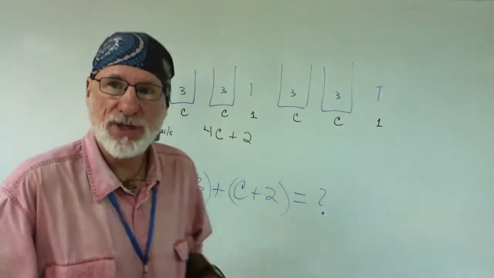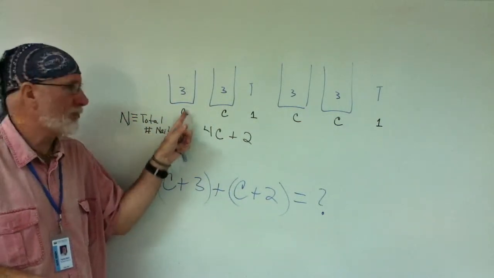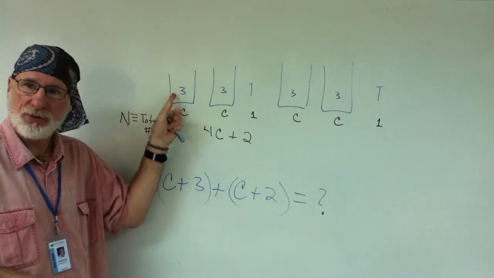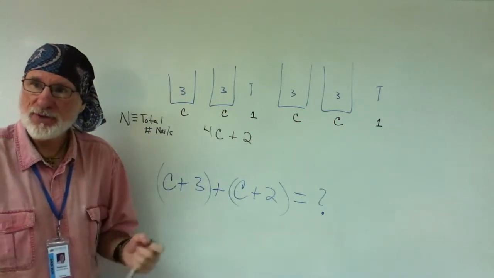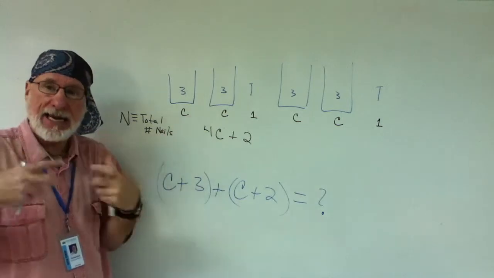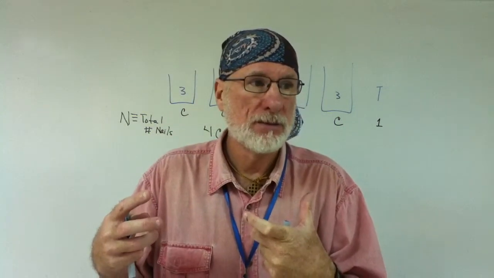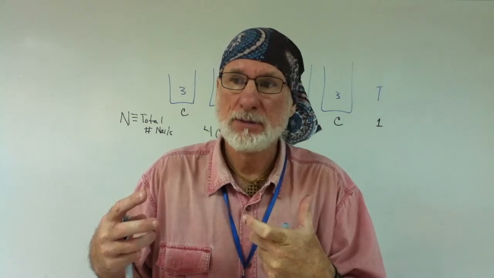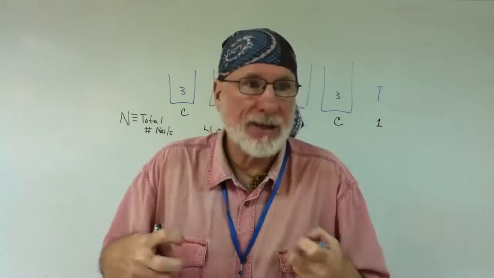Let me ask you a series of questions, okay? Do you understand that C represents this cup with 3 nails in it, yes or no? Do you? Yes or no? That C stands for 3 nails.